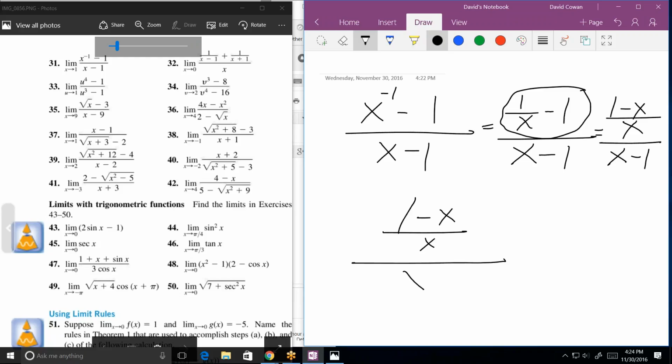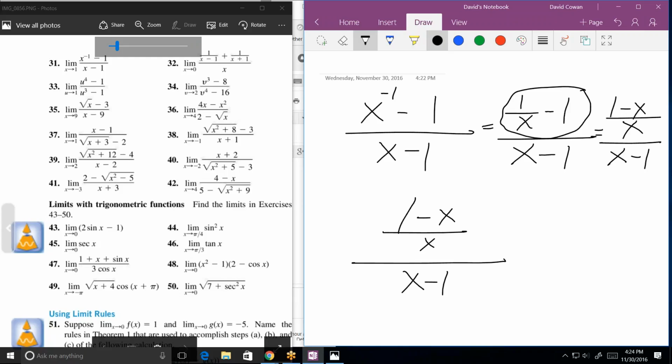Our denominator is x minus 1. Now what can I do? Factor out x? No, we're done factoring. This is not a factoring problem. Or substitute? No, let's go ahead and execute the division.